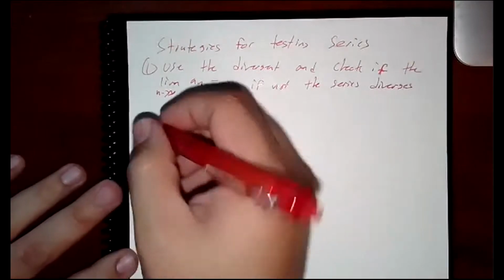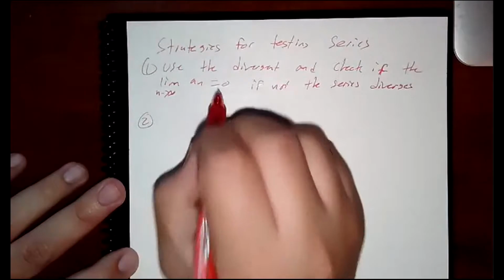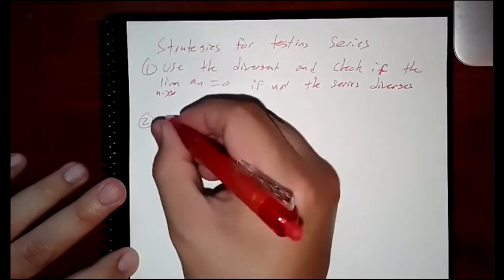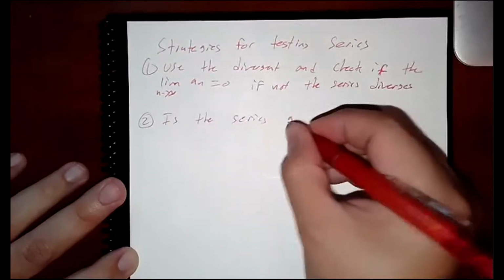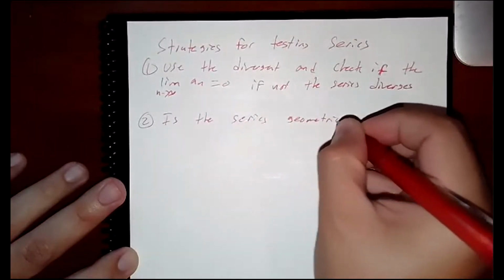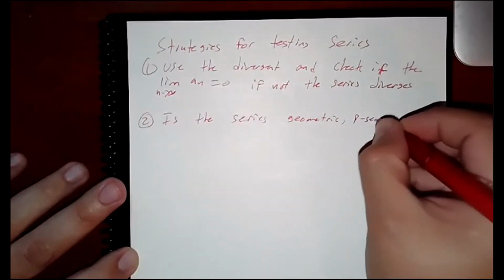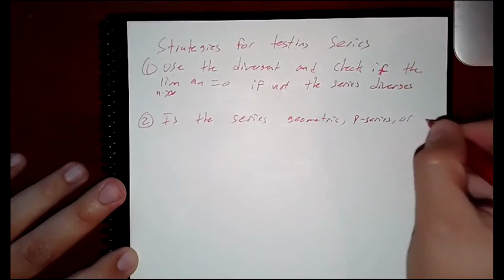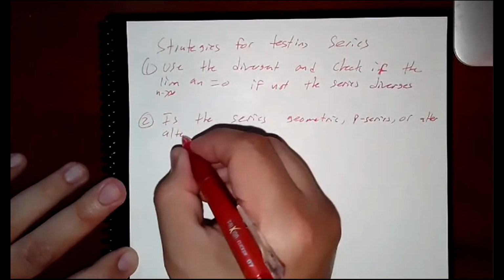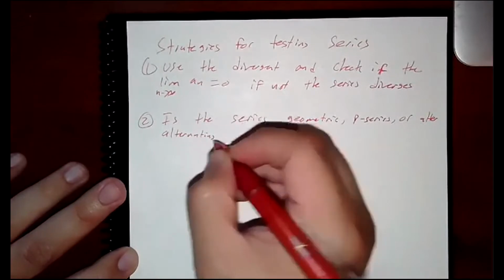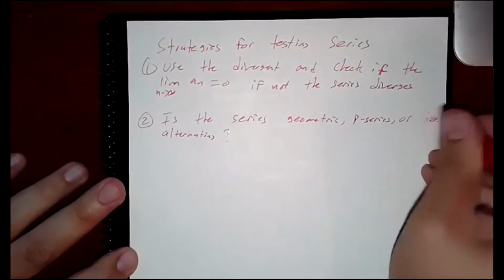Number two, if this doesn't help, if the limit is 0, then check what kind of series it is. Is the series geometric, p-series, or alternating? Those are easy to spot, and if they are, then use the appropriate test.